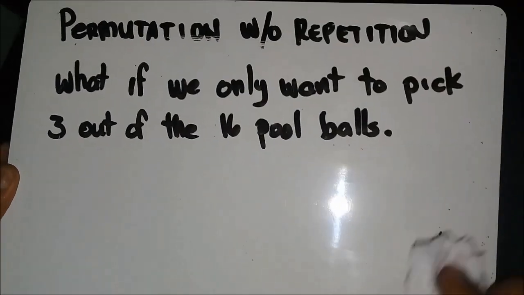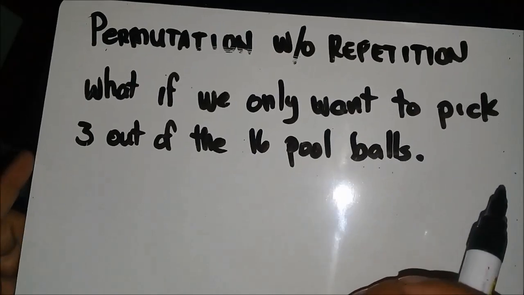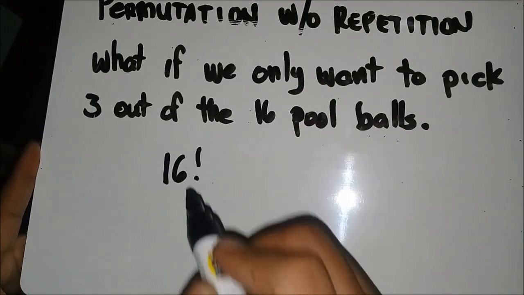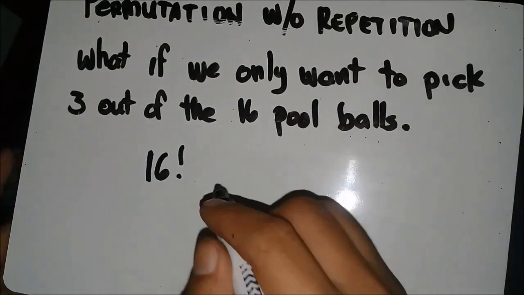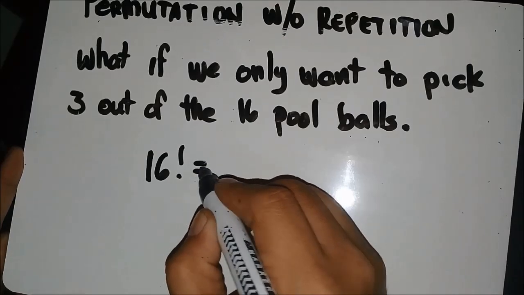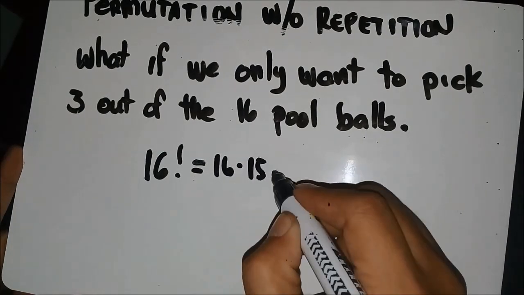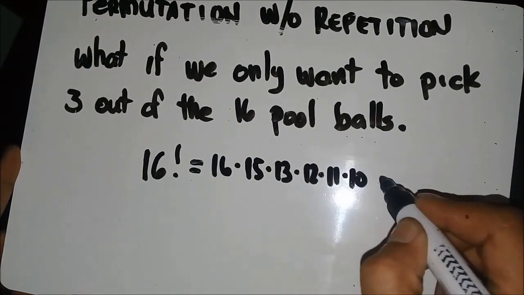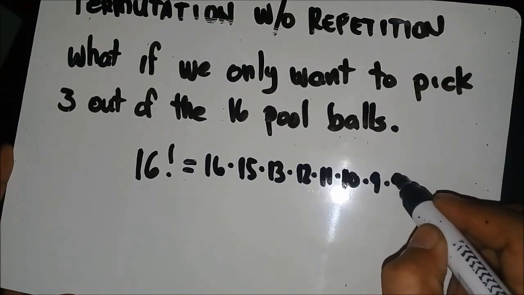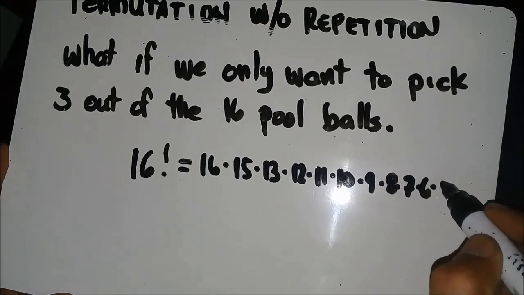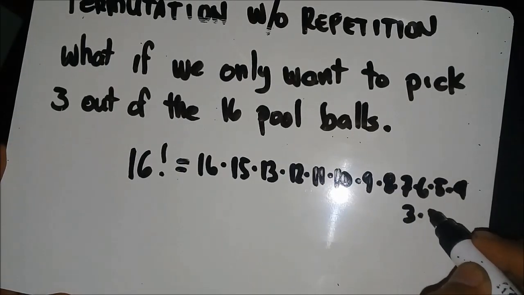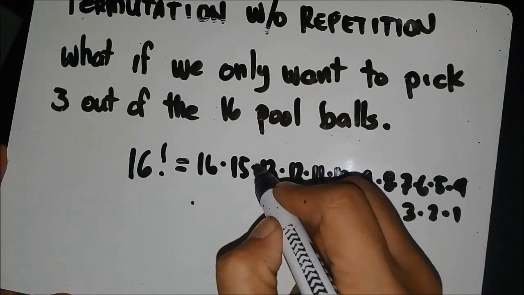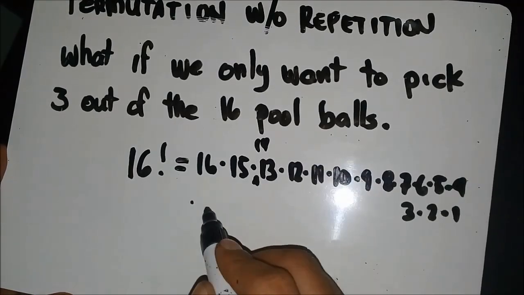Notice that if we have 16 factorial, 16 factorial is equal to 16 times 15 times 14 times 13 times 12, 11, 10, 9, 8, 7, 6, 5, 4, 3, 2, 1. So that is 16 factorial.